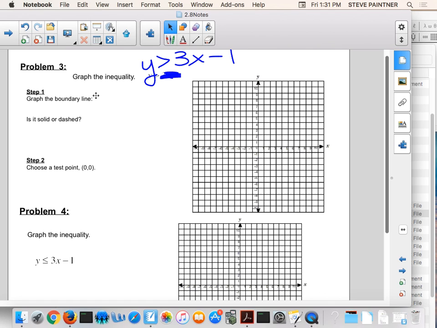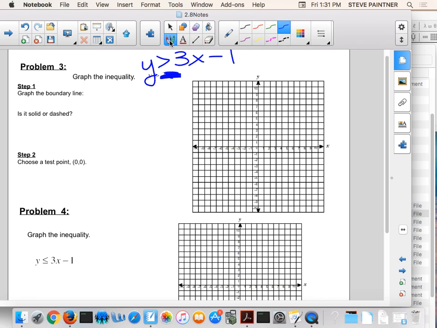Graph the boundary line, okay. More or less, just get a graph, okay. Start at negative 1. Slope is what? 3 over 1. Rise 3, right 1, rise 3, right 1. Keep it going. Okay, question. Is it solid or is it dashed? Dashed, because there's no equal sign. Okay, so there it goes.